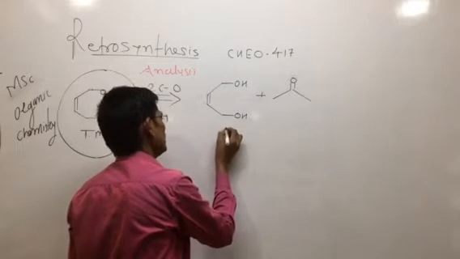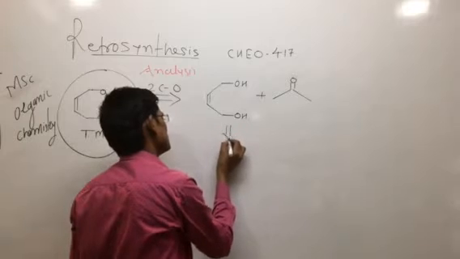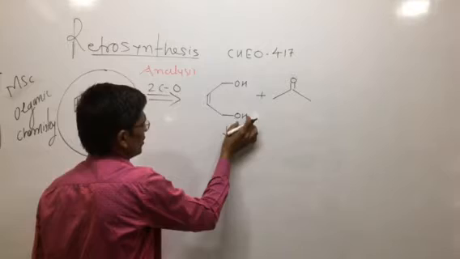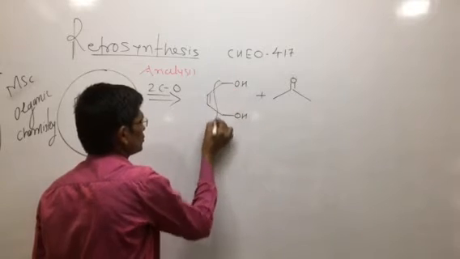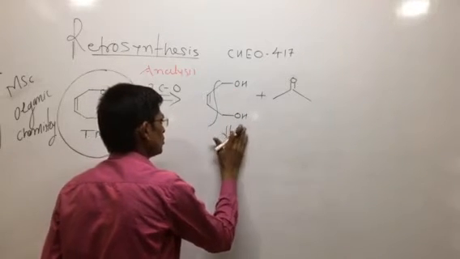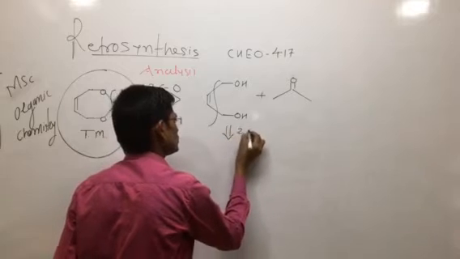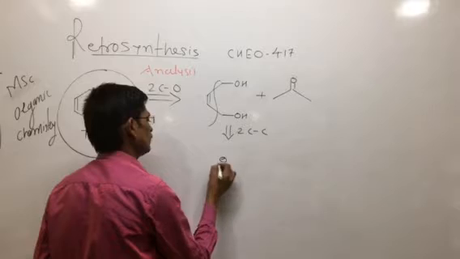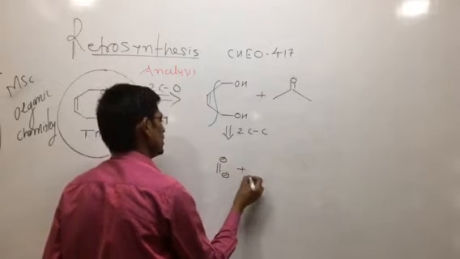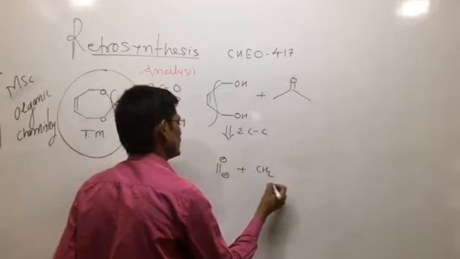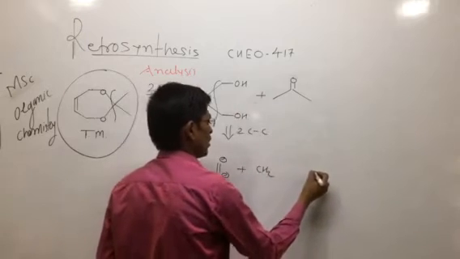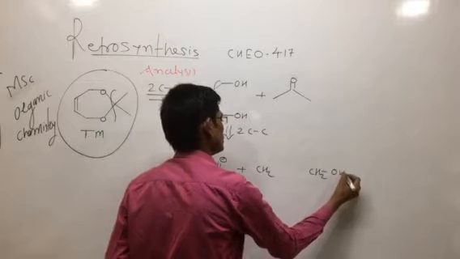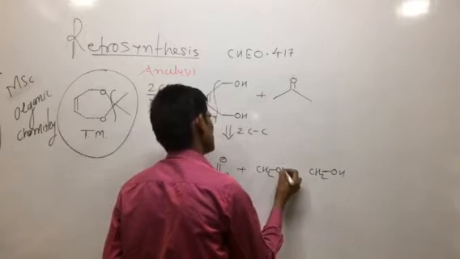Again, in the analysis of such types of compounds, we know that this alcohol and this other alcohol, if we do a 2C-C disconnection here, then we get this alkene and this negatively charged nucleophile, and this CH2, two times CH2OH, this CH2OH and this CH2OH.